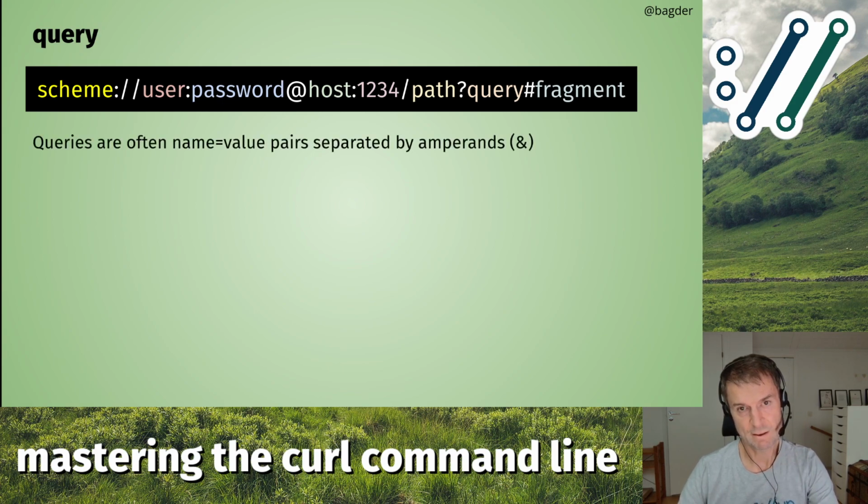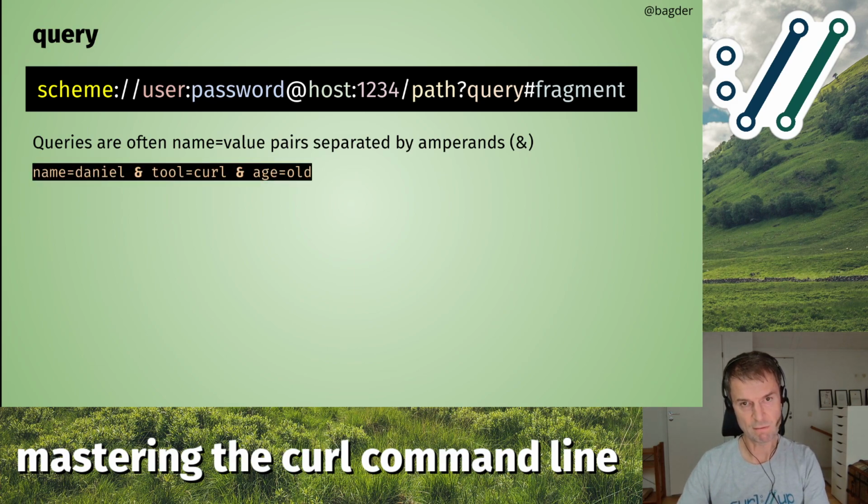Queries, or the query part, are often created like name value pairs separated by ampersands. Basically you provide a set of pairs, right? Name is Daniel, tool is curl, age is old, with a separation like that. You don't have to do that, but it's a very common thing to do. It's more or less a semi-standard de facto thing.